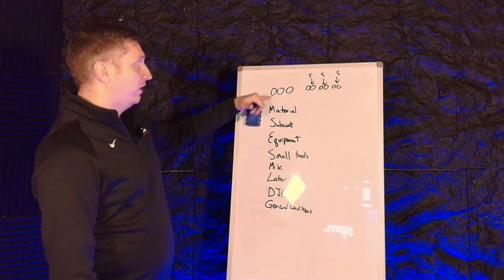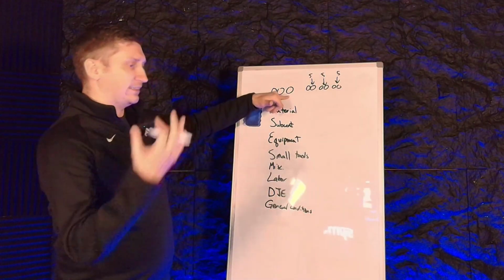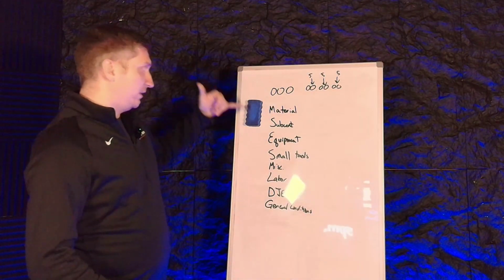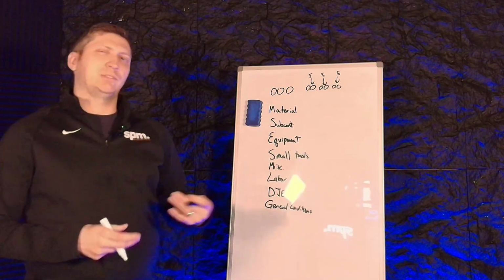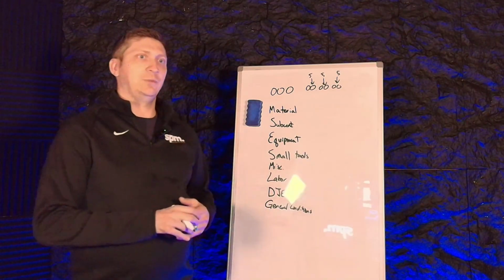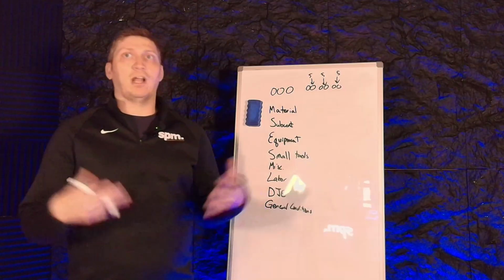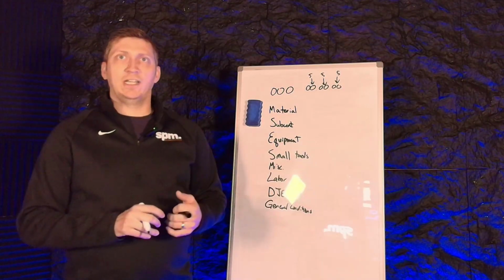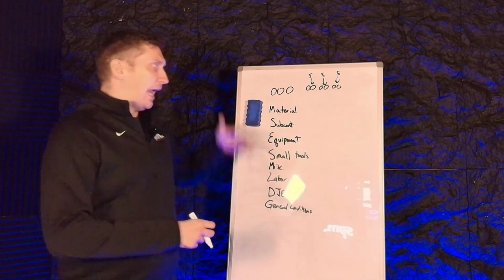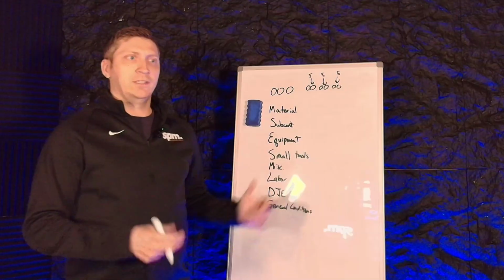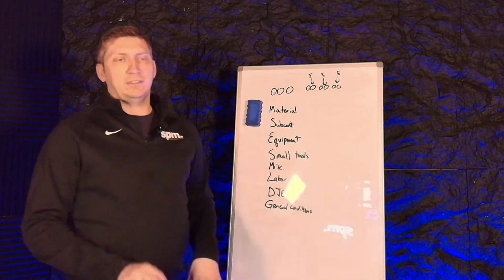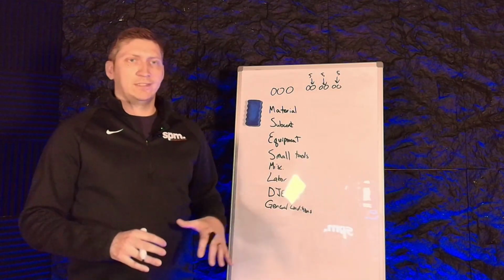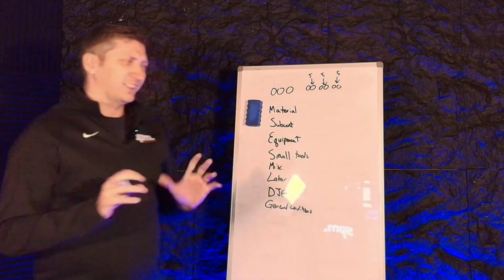So think of it as 100 code is excavation, and then 101 is material, 102 is subcontractor, or something like that. That gets really confusing because you might have material, rock for example, as a civil contractor, and you might use that material on every different phase of the job, all the way down to paving and asphalt. But where do you put that material, and how do we separate it out? So we don't want to think of it like that. I don't like to think of it like that.